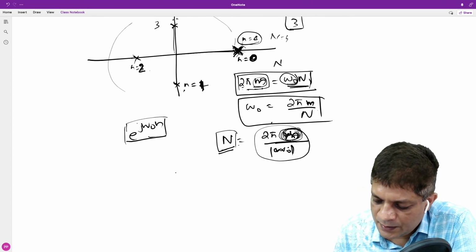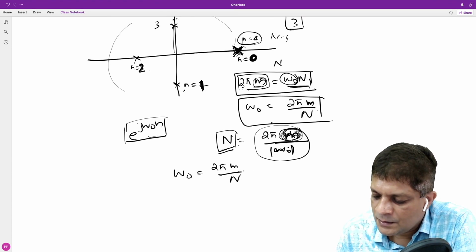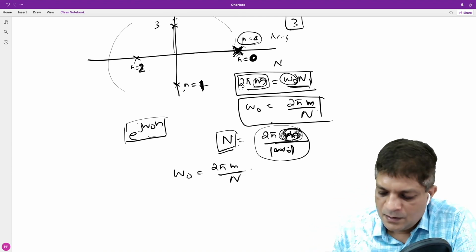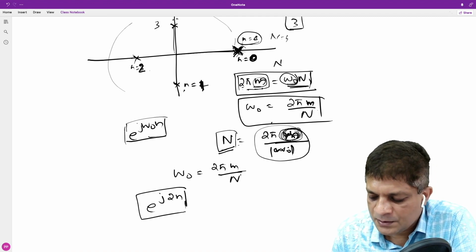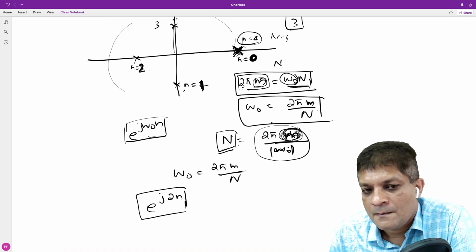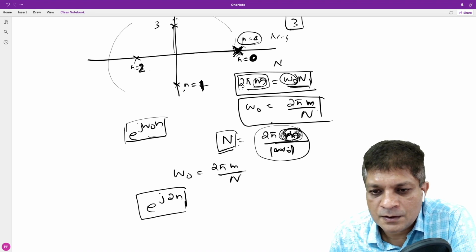So this is the condition. If omega naught is a rational multiple of pi, then it is periodic. For example, if you consider e to the power j2n, is it a periodic signal? It is not a periodic signal.